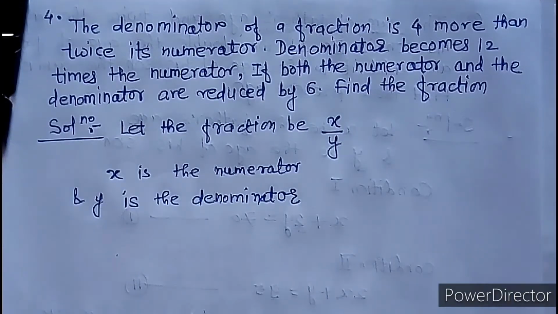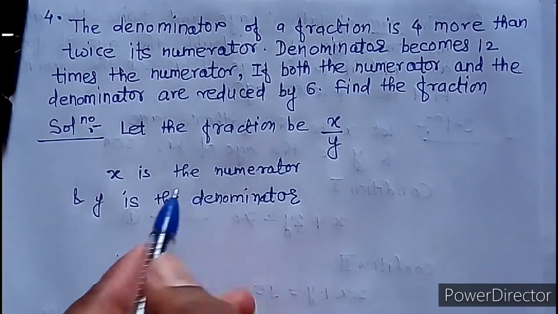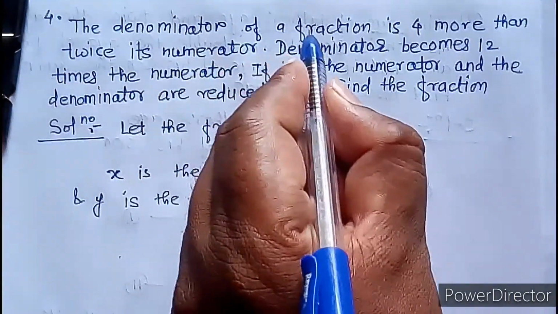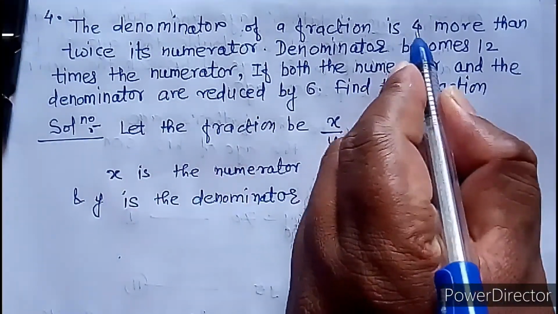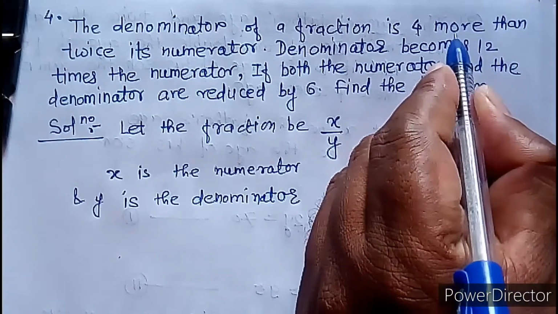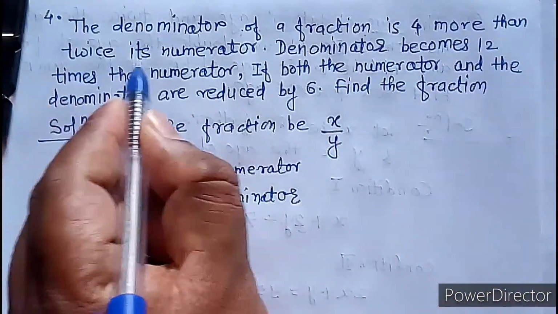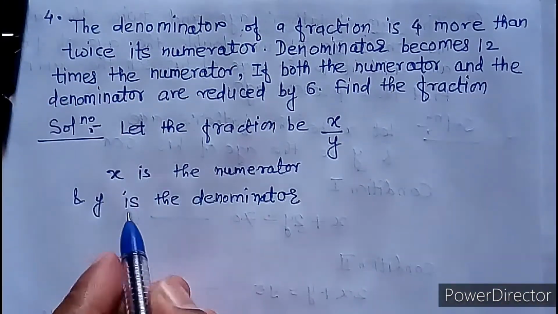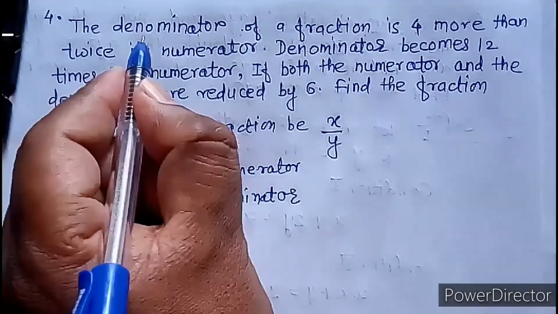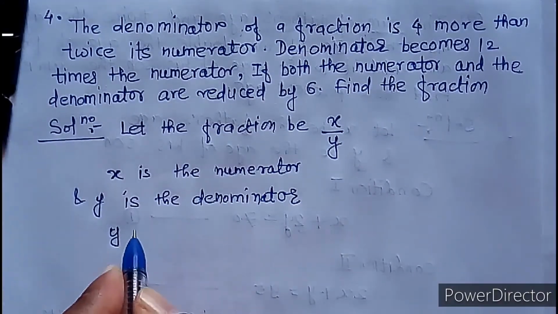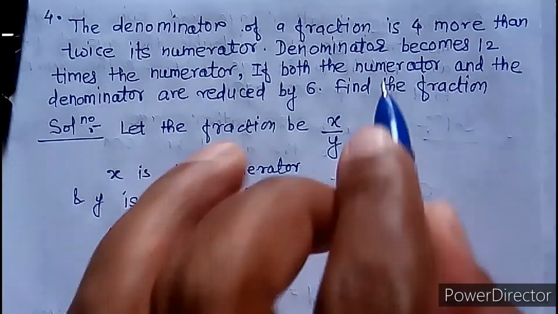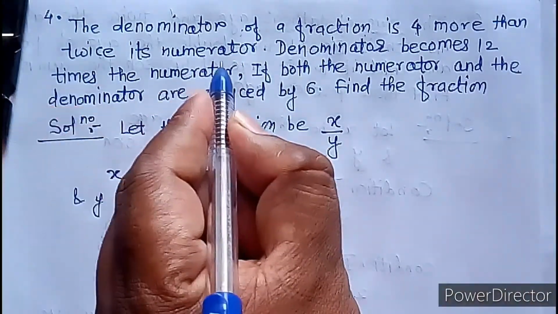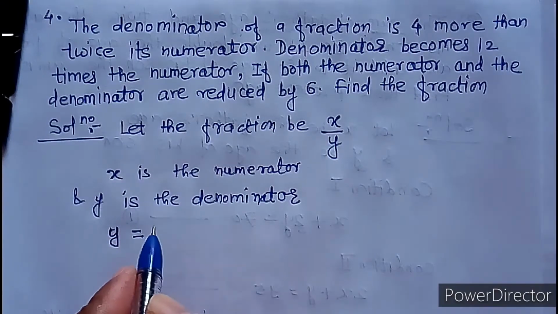Now according to condition 1, what is the first condition? The denominator of a fraction, that is y, is 4 more than twice its numerator. Twice the numerator means double the numerator.